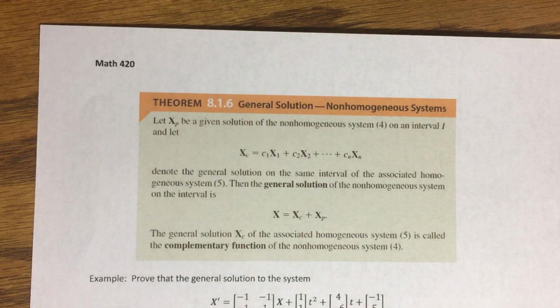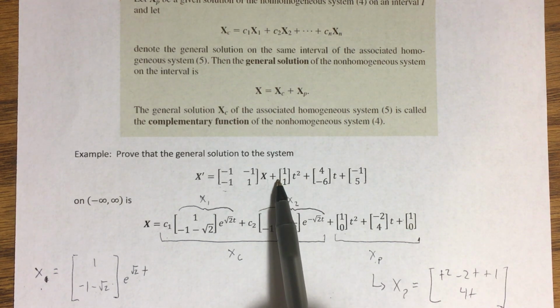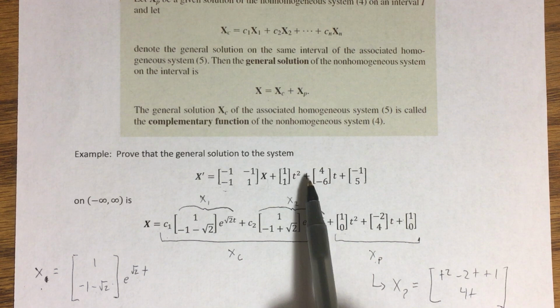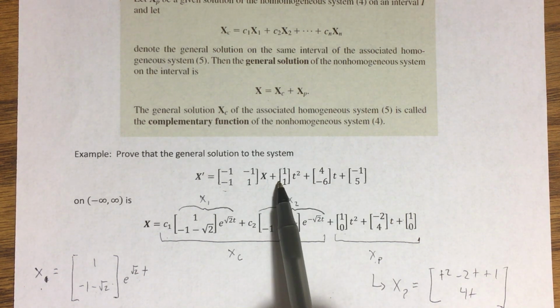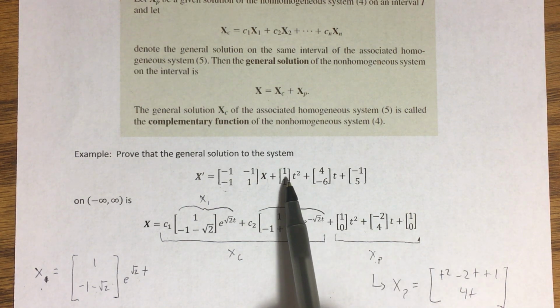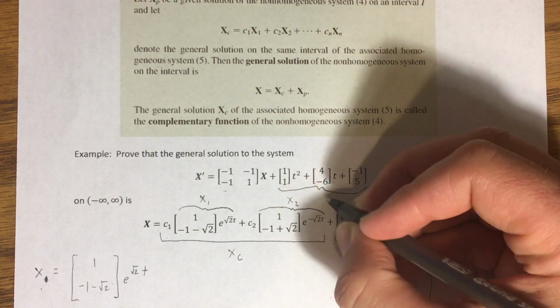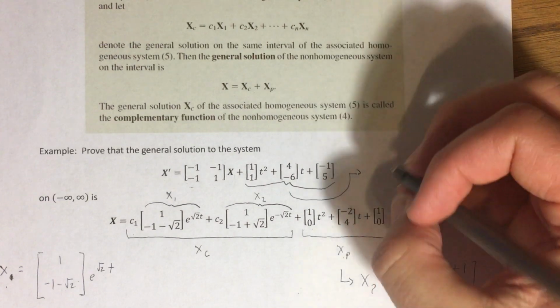Plus, now coming back over here, if you look at the original system, we have a sum of these three matrices, which is just a function of t, or technically two functions of t, if you think of the top row as a function of t, the bottom row as a function of t. But kind of like what we did with the particular solution, I can add all of these up into a single matrix just to make the computations a little bit easier.